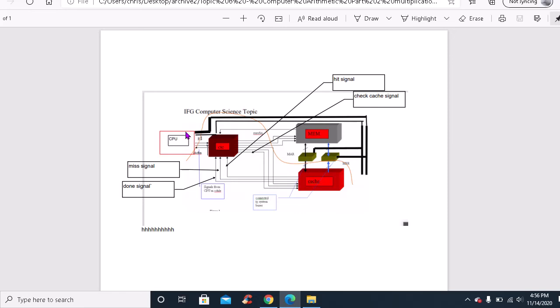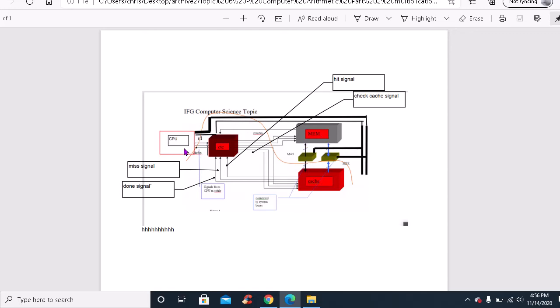Then, which is not clearly shown, the CPU will tell main memory to do a write. I'm putting this data into main memory at this address, and a couple of units of time later the operation will be complete.